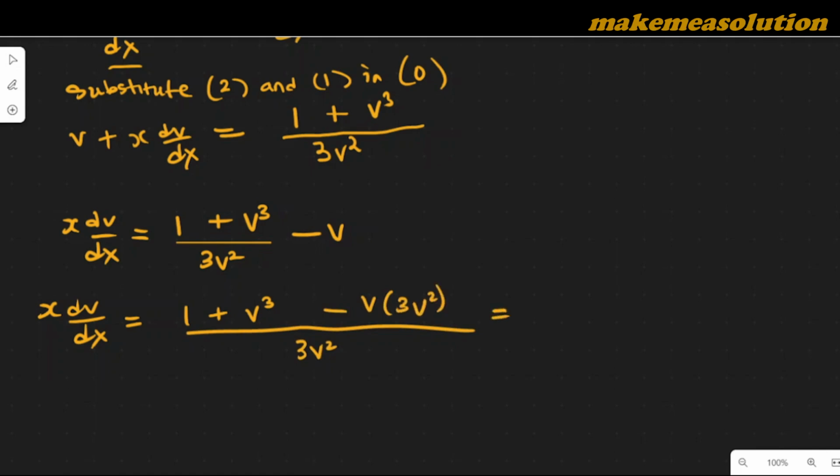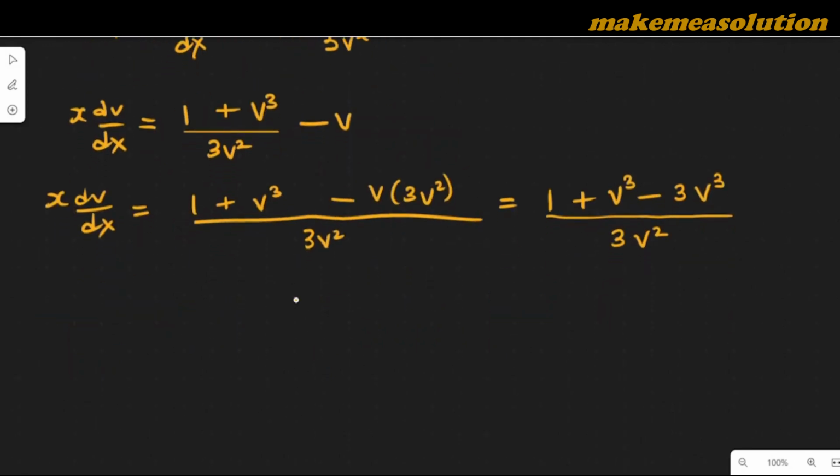So if we simplify, we'll have 1 plus v cube minus 3v cube all over 3v squared. Is that okay? So let's keep going. So x dv dx is going to be 1 minus 2v cube, because when you do v cube minus 3v cube, you get minus 2v cube, all over 3v squared. Is that okay?